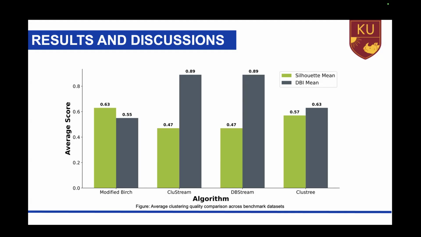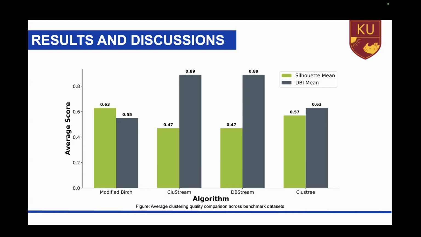So you see that out of all these algorithms that we have tested, the state-of-the-art techniques using the benchmark datasets, similarity is used for cohesiveness, and DBI is used for checking the compactness of the clusters, how compact those clusters are.